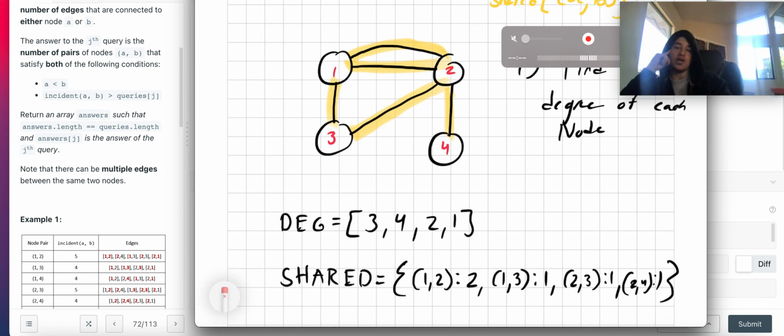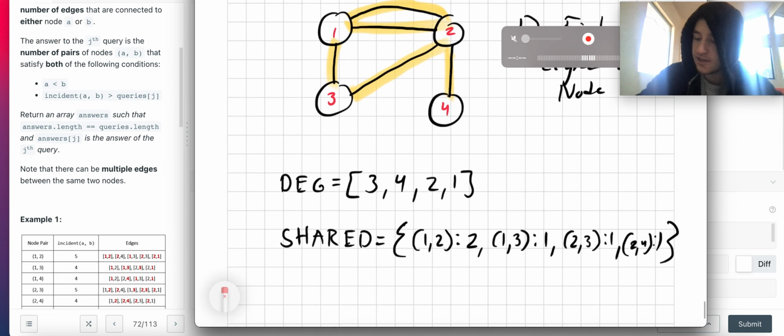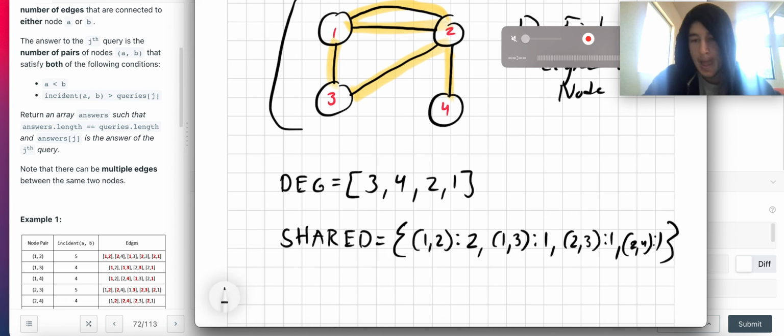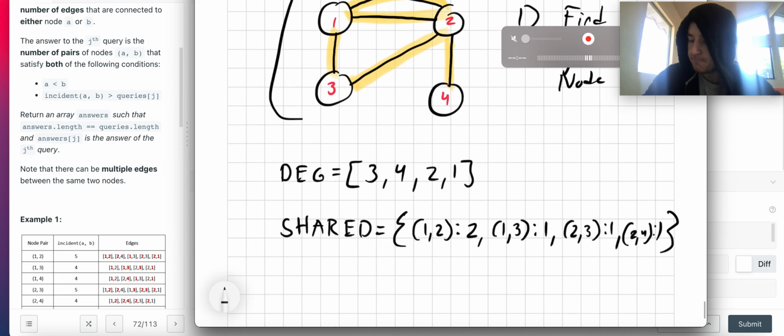If we were to look at this system and not consider this shared idea, right? If we wanted to look at the degree of both of these nodes and find out if it's greater than a query, well, one thing you could do is you could sort them based on their degree value, right?